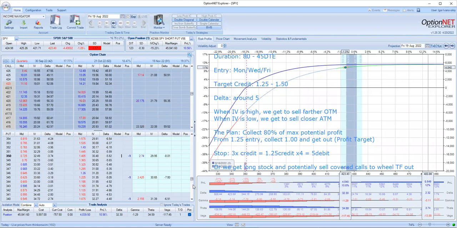So as far as success rate, it is showing a pretty high number, 93%, but that's because I have not stopped out of any of the trades since the beginning of this year.